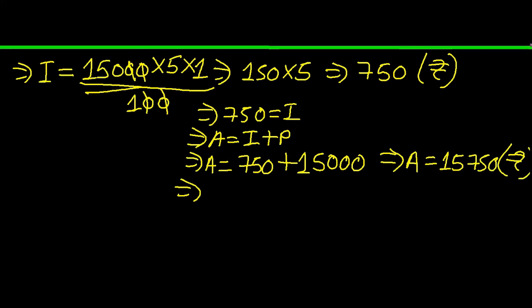So again we will find out the interest for the second year. For that we will use the same formula, P into R into T. So interest is equal to, we will make the principal 15,750, this amount will be the principal for the second year, into, the rate will be the same, 5% into 1.